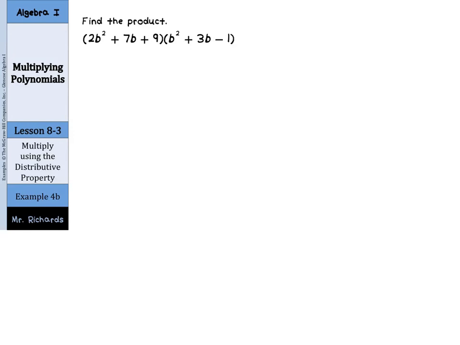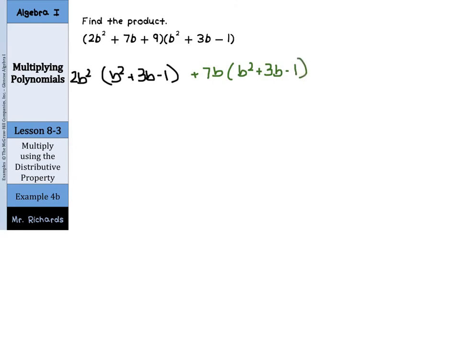What happens when we multiply a trinomial by a trinomial? Well, same type of thing, just a lot of variables and letters that you need to keep track of. So we're going to start off with our 2b squared, and that's going to be multiplied by b squared plus 3b minus 1, and then plus the 7b is our next term in there, times the b squared plus 3b minus 1.